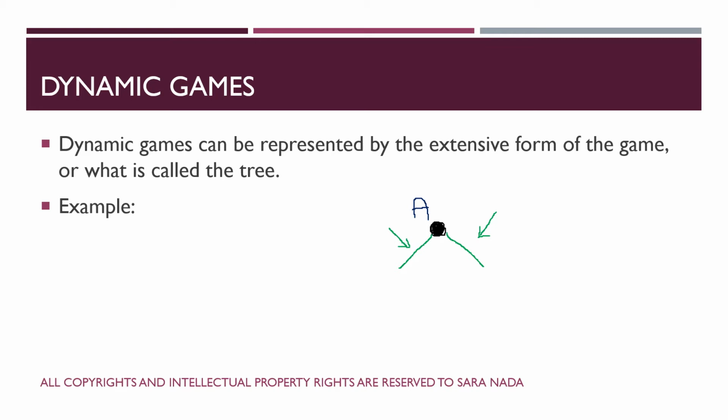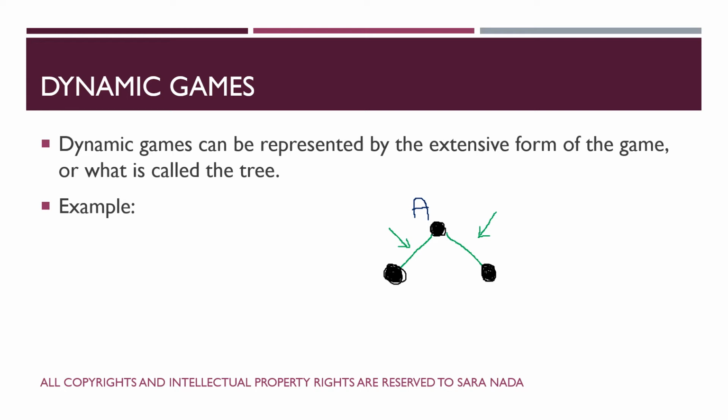Once player A chooses his action, what happens? The other player, player B, will observe the action chosen by player A, and he will also choose an action from the actions available to him. So this is the second stage. At the end of the lines, we will draw other nodes at each end to represent the second stage. Okay, so each node is representing a stage.